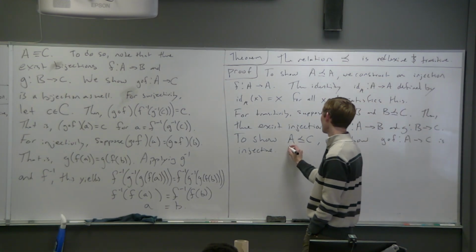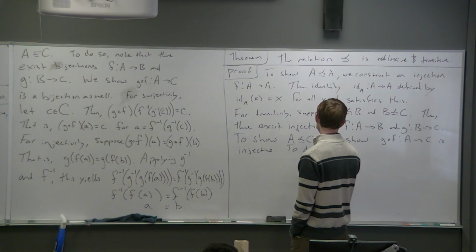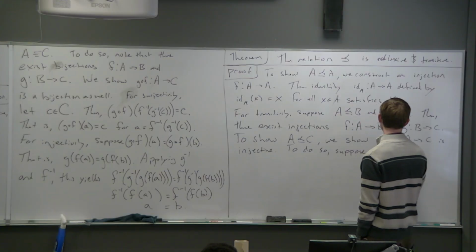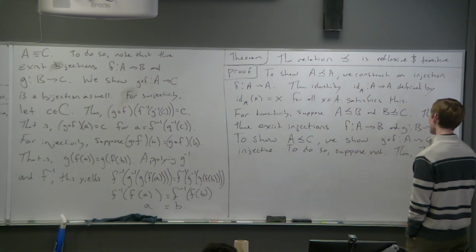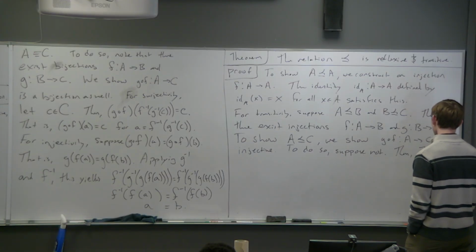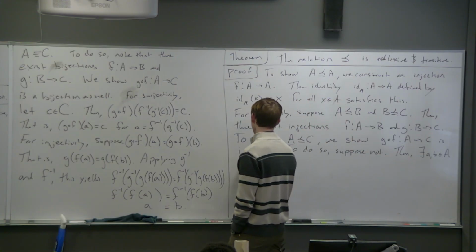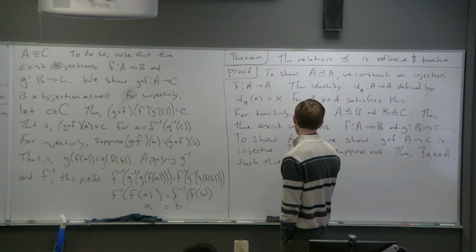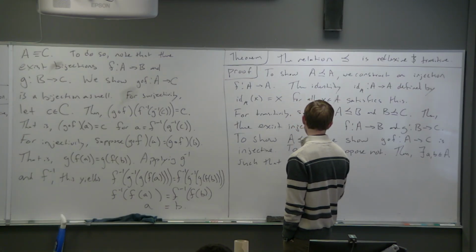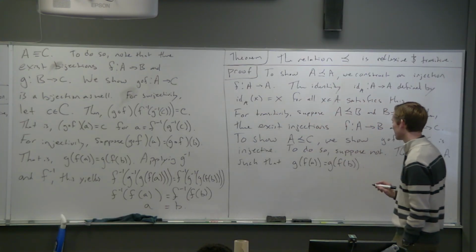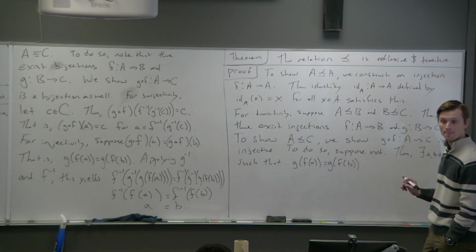To do so, suppose not. Then there exists A and B in A such that G of F of A is equal to G of F of B. Yeah?